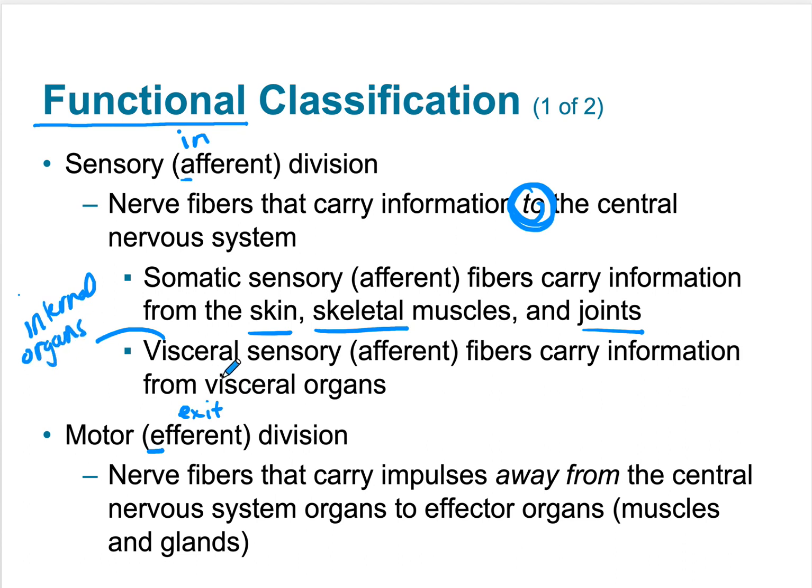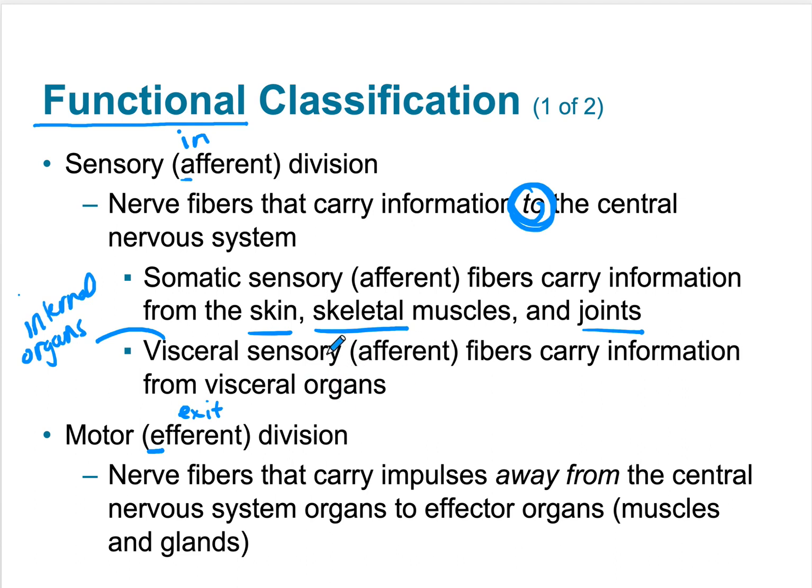Maybe your stomach is growling because it's hungry and you're thinking of food. Any information coming from visceral organs is carried by visceral sensory fibers. So you have information coming from your skin, skeletal muscles, joints, and also all your internal organs.